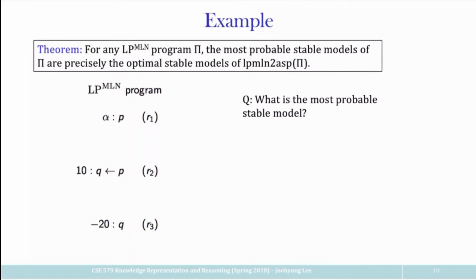I'm going to give you a program, and you will need to answer what is the most optimal stable model there. You can discuss with your peers if you want.